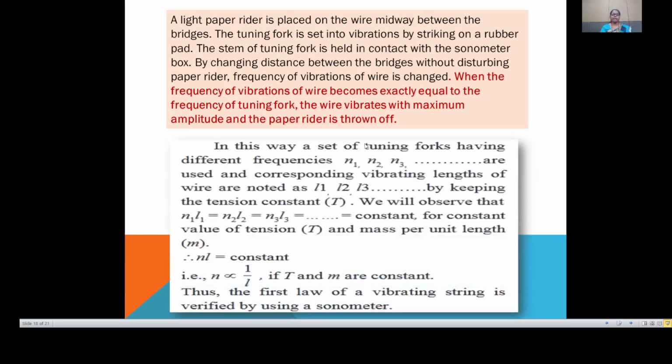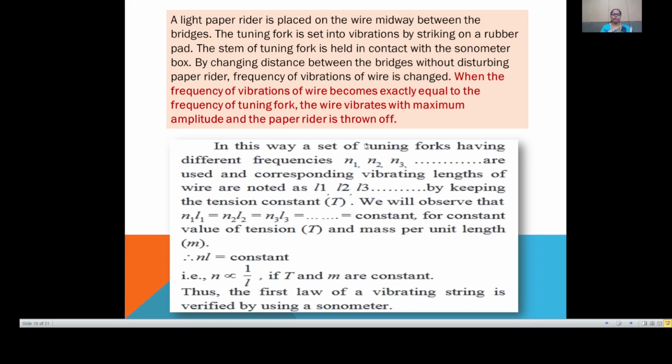In this way, tuning forks of different frequencies N1, N2, N3 and so on are used and the corresponding vibrating lengths of the wire are noted as L1, L2, L3 up to Ln. By keeping the tension constant, we observe that N1L1 = N2L2 = N3L3 = constant.